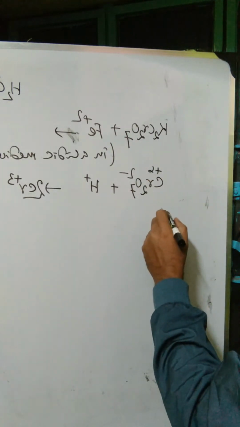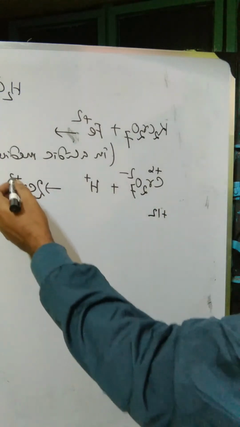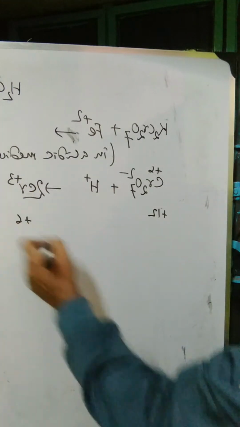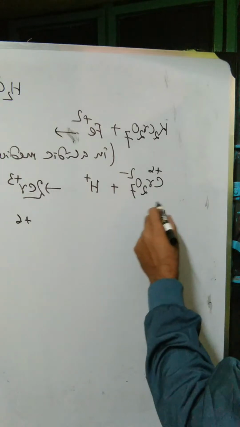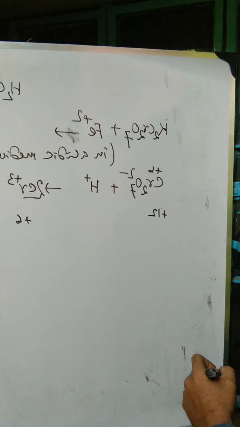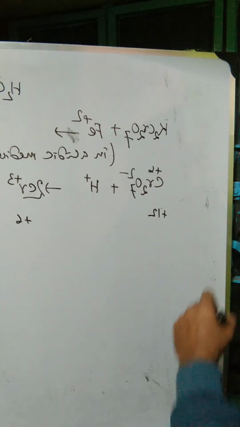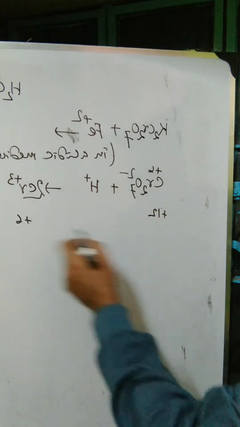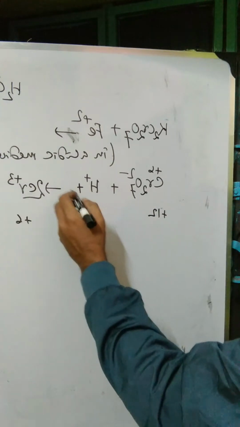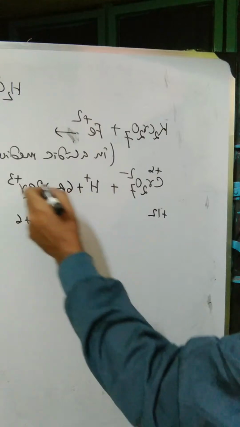So from +12 oxidation state, chromium turns into +3 for each chromium, for 2 chromium a total of +6. So the net change is from +12 to +6. The oxidation number decreases, that means electrons are accepted by the dichromate ion. How many electrons? From +12 to +6 means 6 electrons are gained by the dichromate ion to form chromium +3 ion.